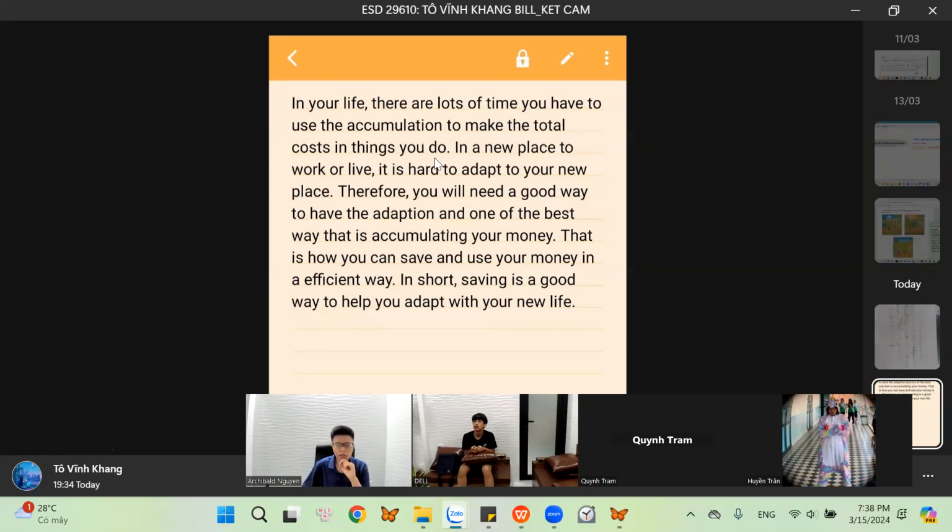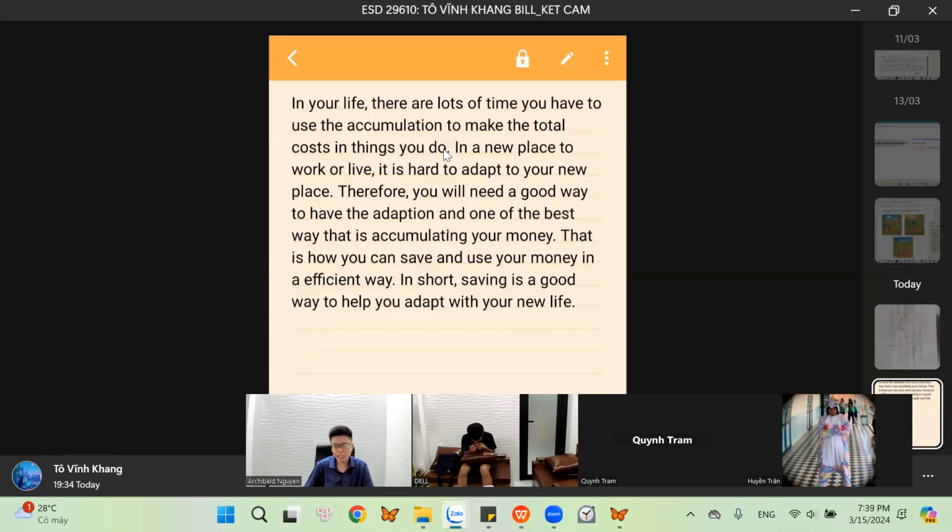That is why we don't use R for time, although you can use a lot of for time, because the word a lot of can be used with uncountable noun, like a lot of money, a lot of sugar, a lot of salt, but we never use is R for time. So that is why you said there is a lot of time. That is it. There is a lot of time. There is lots of time. That is it. In your life, there is a lot of time.